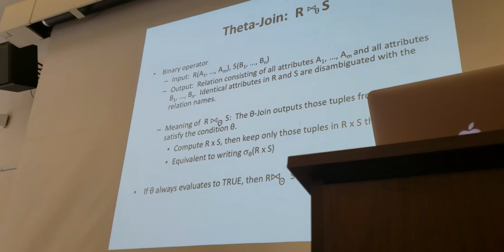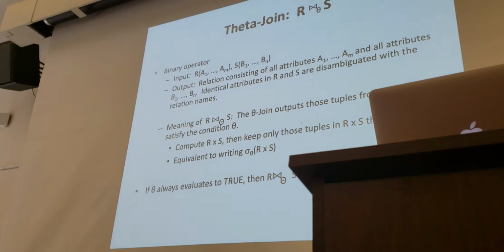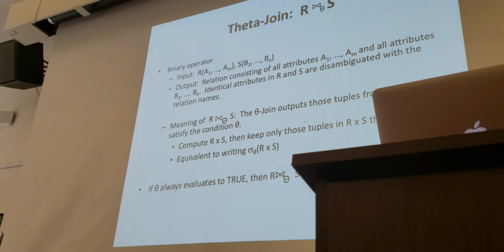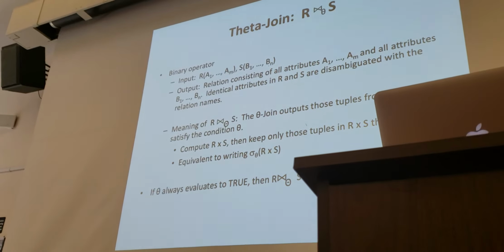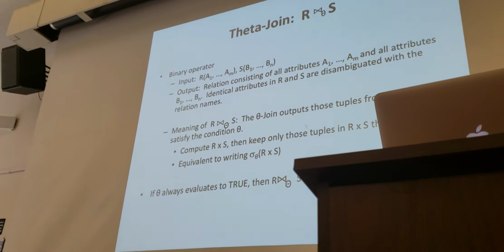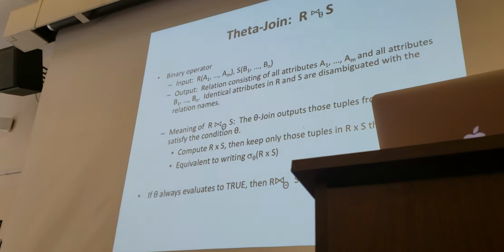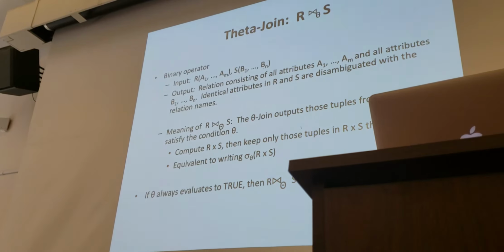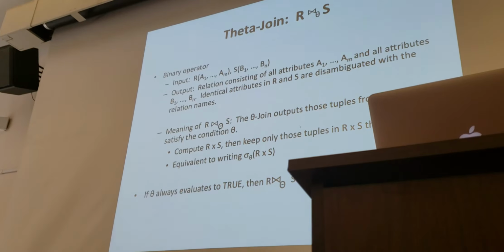Theta join is just a fancy way of saying that I'm going to do a product, but there's going to be a selection condition, which might be a join condition on that product. So basically the input to this so-called theta join is going to be 2 relations, R with M attributes in it and S with N attributes in it.